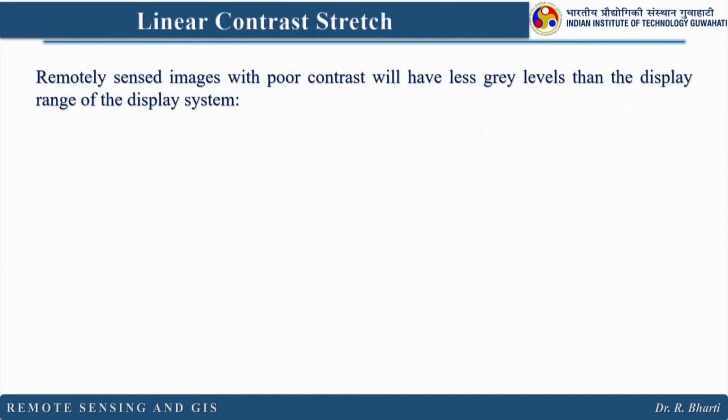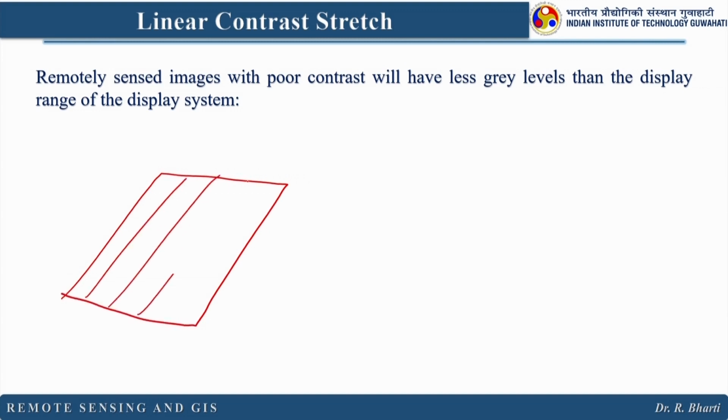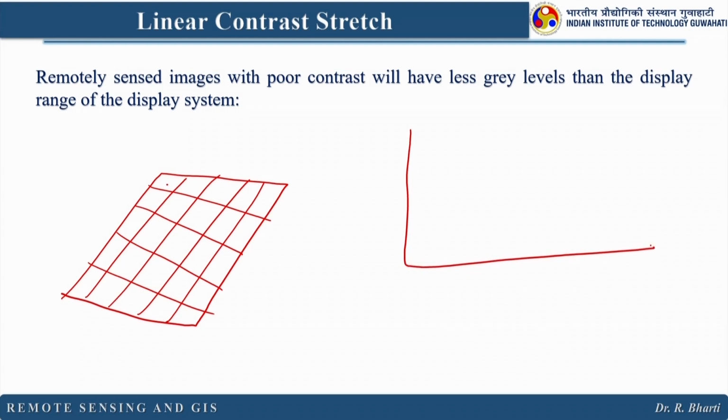So, in linear contrast stretching, basically it says remotely sensed images with poor contrast will have fewer gray levels than the display range of the display system. So, here when you are having an image, and basically this image is a matrix and the matrix elements are your digital numbers, then for this particular matrix we can easily generate a histogram.